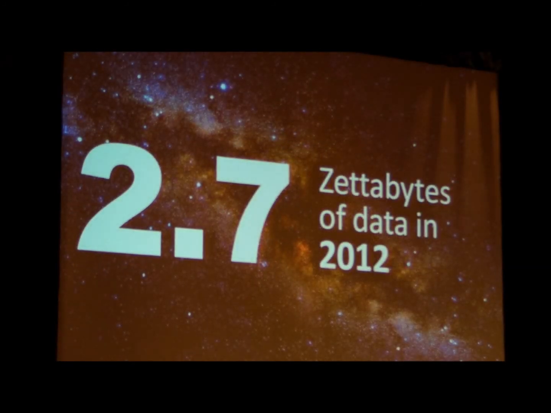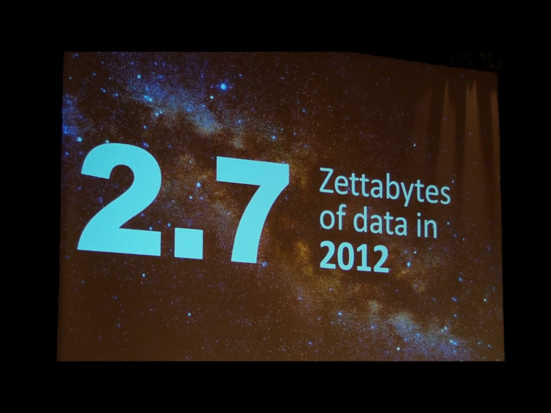So the first number we're going to look at today is an IDC number. 2.7 zettabytes of information is going to be created and consumed in 2012. Now a zettabyte, 2.7, that's a huge number. It's very hard to get your mind around that number. But to give you an analogy, that's 10 billion Milky Way galaxies' worth of stars.